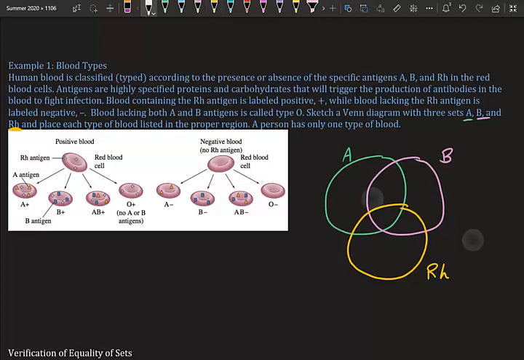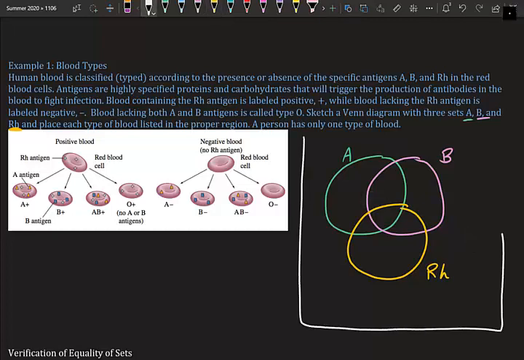And don't forget about your universal box. Our universal box is for what doesn't fit in, so we label that as a U. It tells us something about Rh. It says if it has Rh, we label it positive. So this is positive. That means the outside, the universal box, is not going to be positive. So we're going to be looking for something different there.